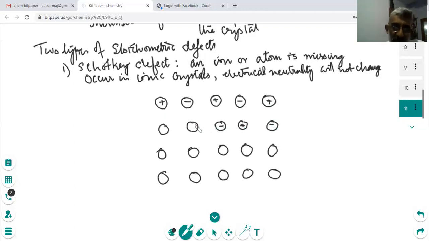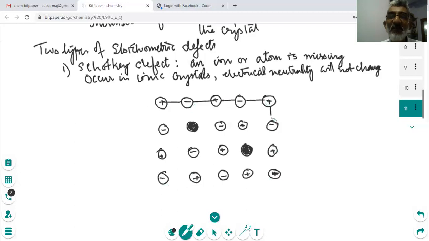Now one Na is missing here. Then you have a chlorine here, Na here, chlorine here, Na here, and correspondingly one chloride is also missing. And that is what I told you, the electrical neutrality will be maintained.